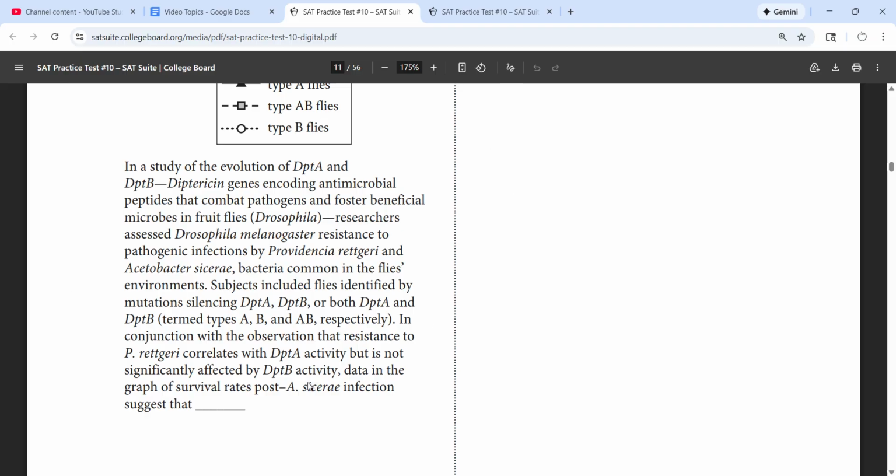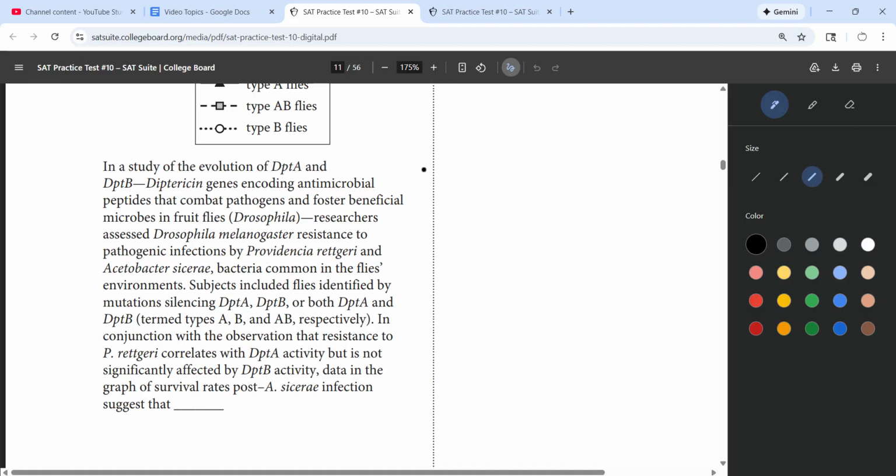So, continuing to break down the text, what is the point of what this just said? What information did I just get in my own words? I'm looking at gene A and gene B, 2 genes that fight bad guys and foster beneficial microbes in fruit flies. Specifically, researchers looked at these fruit flies' resistance to infections by PR and AS, bacteria common in the fly's environments.